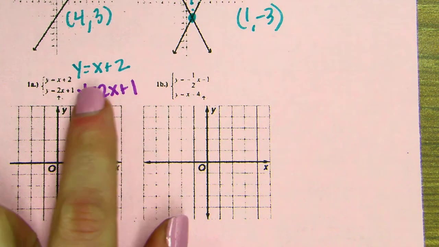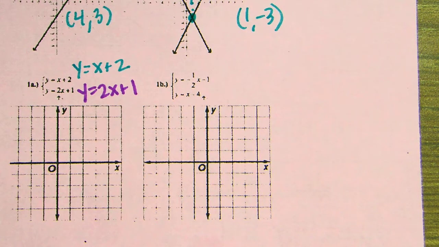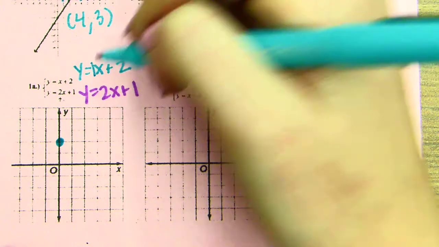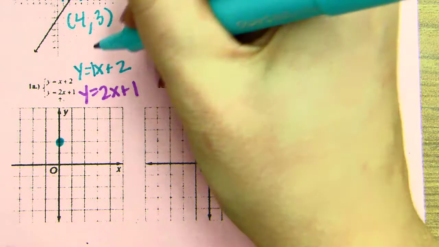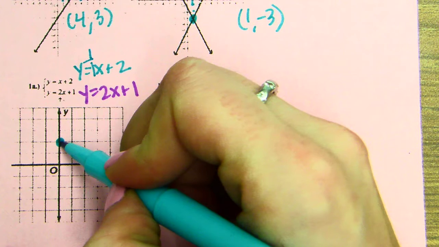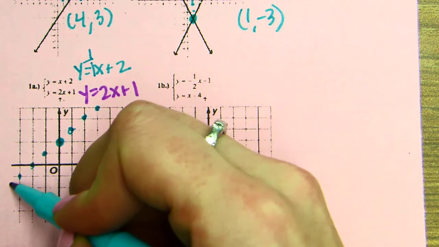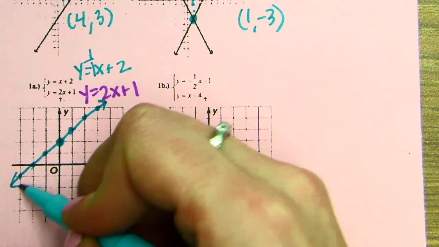For the first one, we start with the y-intercept, which is 2. There's an invisible 1 in front of the x. To write 1 as a fraction, I say 1 over 1. From the y-intercept, I go up 1 to the right 1, up 1 to the right 1, and I can go back the other way. So there's my line.